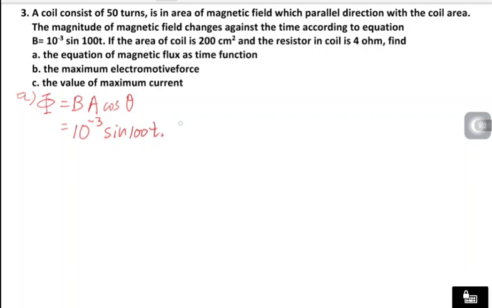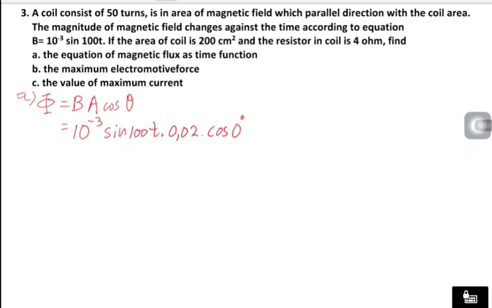times A, the area, which is 0.02 meters squared, cosine 0 degrees, because the angle is 0.